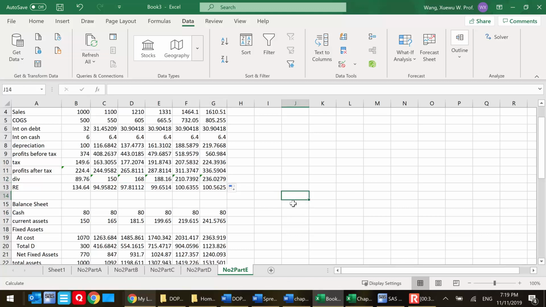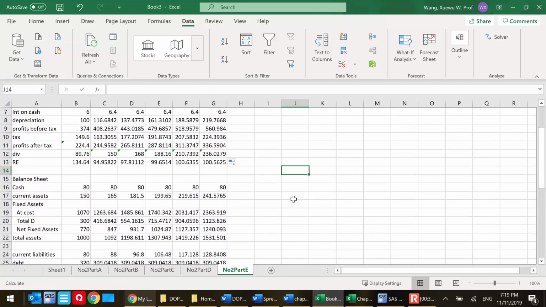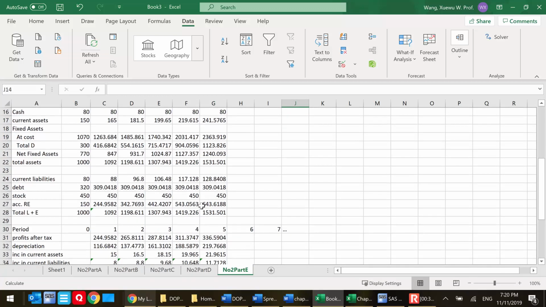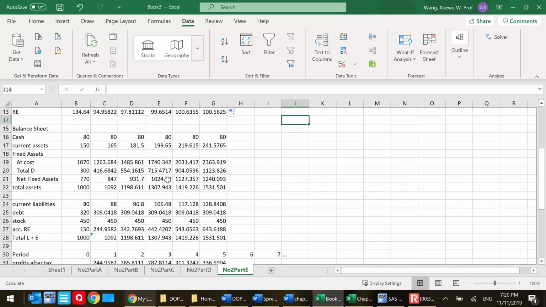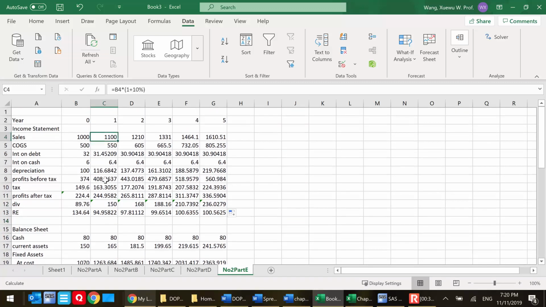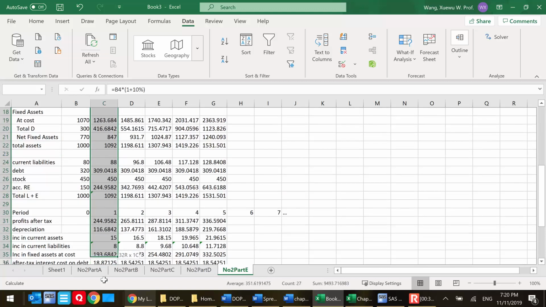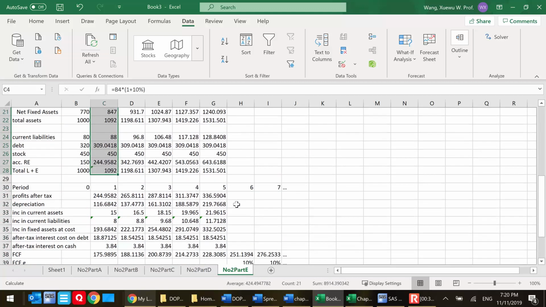All the numbers changed, and the final thing I need to do is make the changes for the debt as the plug for all the other years. So what should I do? I should copy everything here. This is year one, and I have all the formulas corrected, so let me just copy this across.